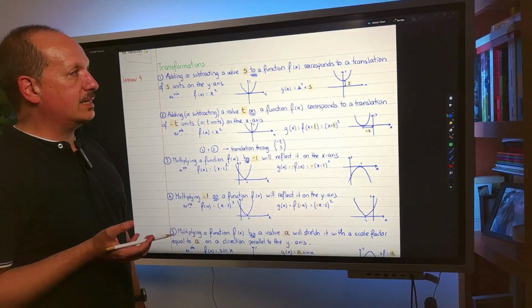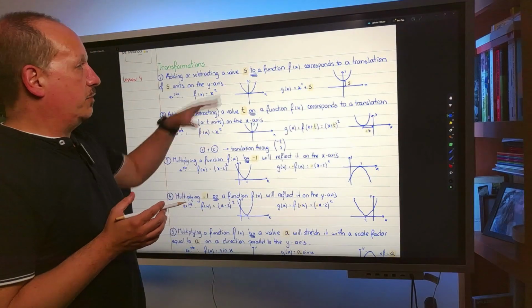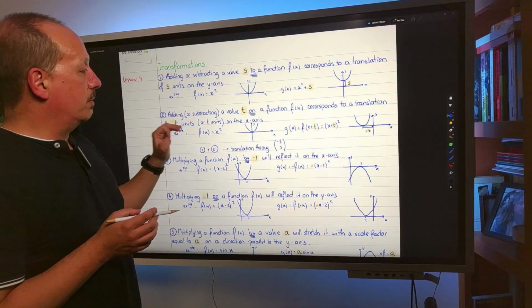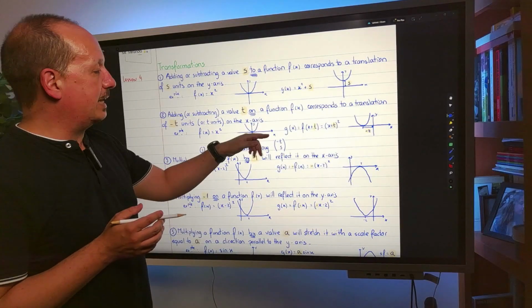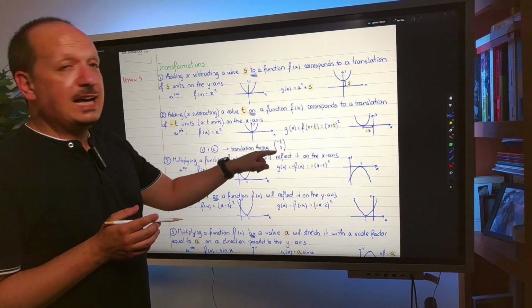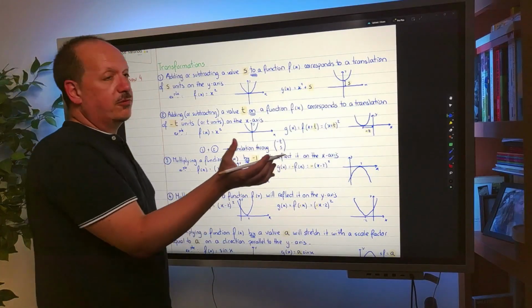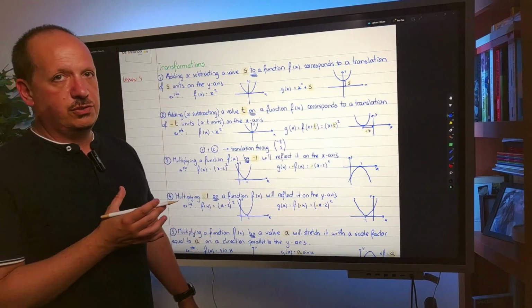As simple as that. So if the shape of the function doesn't change, we can talk about a translation through the vector minus t, s. All right. You don't know this yet. Vectors is a topic that is covered in Pure Math 3.